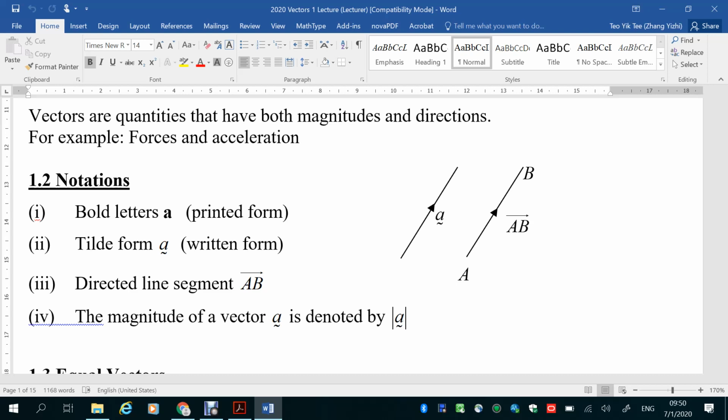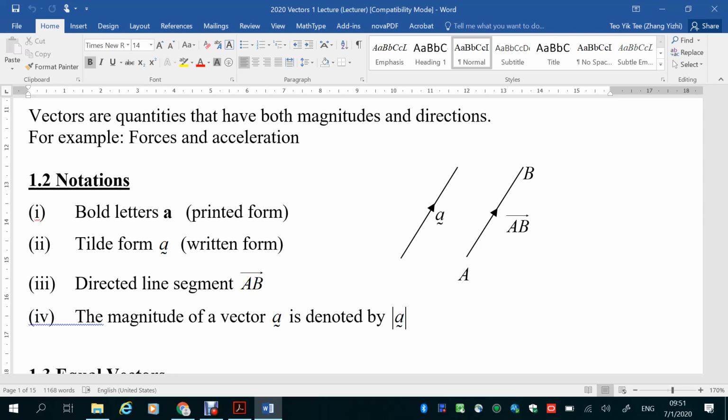You see these two strokes in between your small letter with tilde. Two strokes in between your vectors. Be careful, please write down: sometimes it may mean magnitude, sometimes it may mean modulus. It all depends on how the question is worded, and then you need to interpret accordingly.